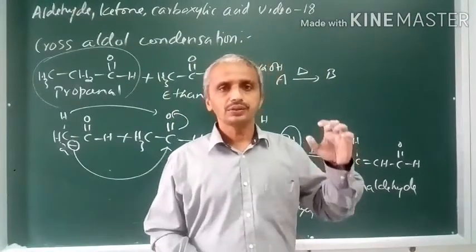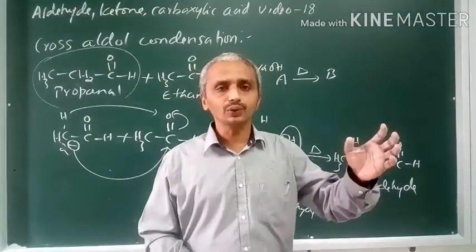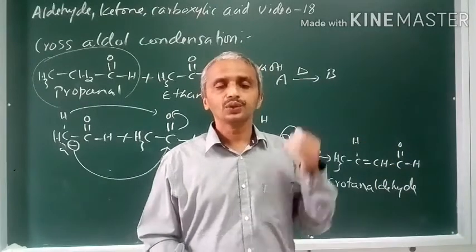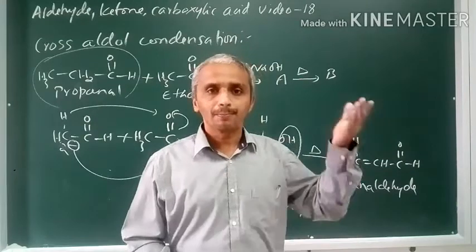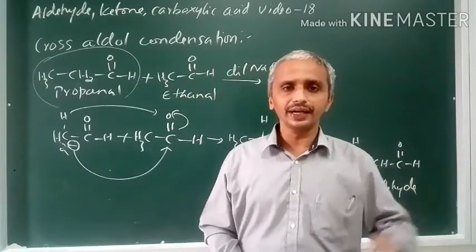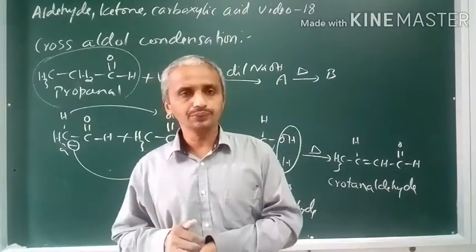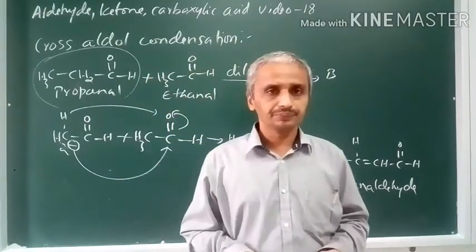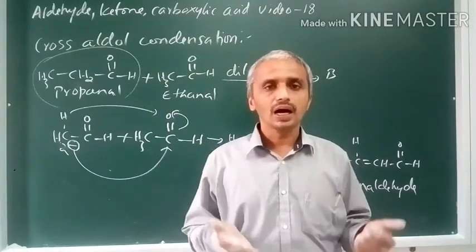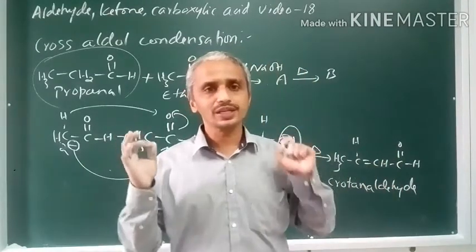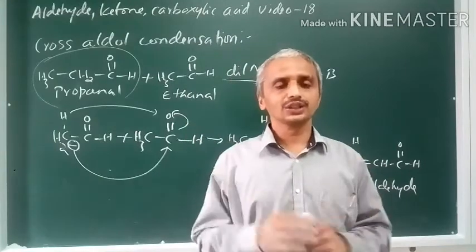So what is aldol condensation? Reactions of aldehyde or ketone with alpha hydrogen to give beta hydroxy aldehyde or beta hydroxy ketone, which on heating gives unsaturated aldehyde or ketone, that is known as aldol condensation.